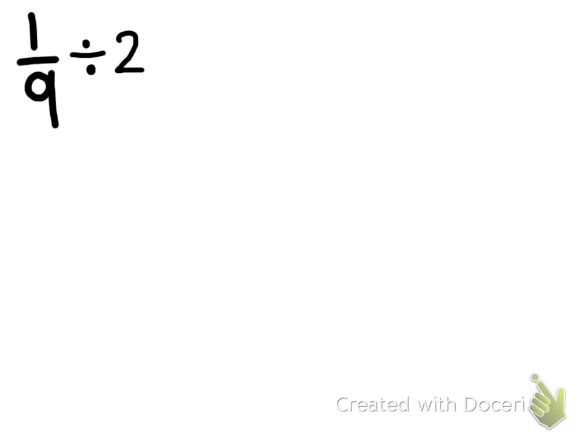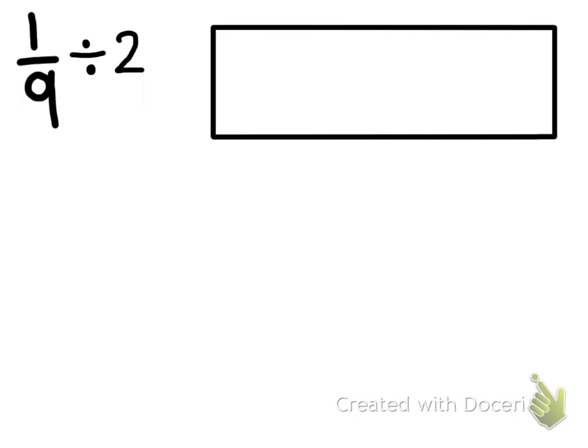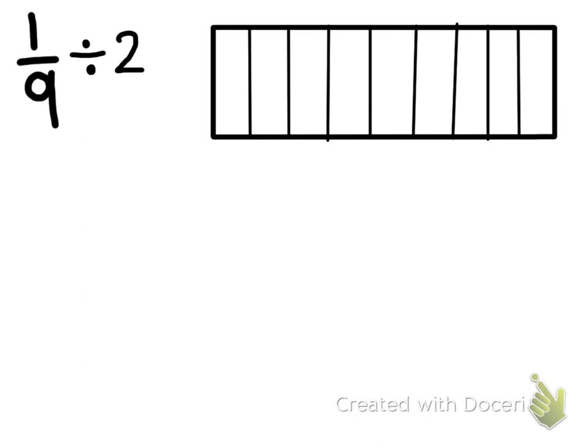I'm first going to draw 1 unit. And because my fraction is 1/9, my denominator is telling me to partition this unit into 9 equal parts. And the value of each unit here is 1/9. And you do not have to write 1/9 inside each unit. I'm just doing that to show you that the value of each unit is 1/9.